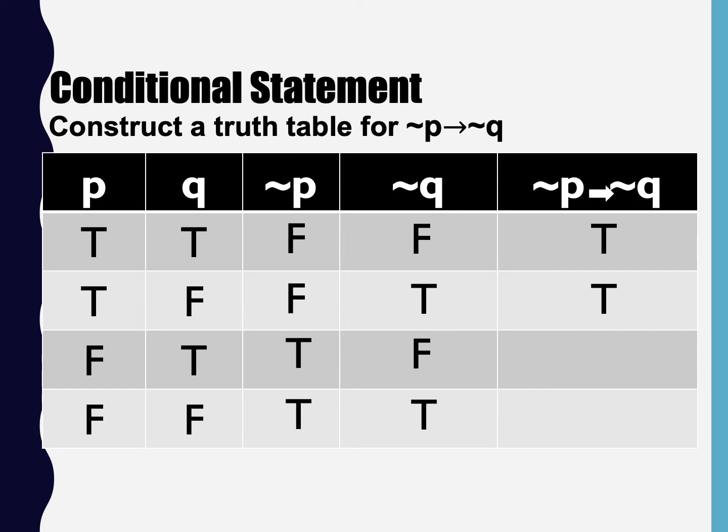In the third row, since your conclusion is false even though your hypothesis is true, your conditional statement is also false. Then lastly, since both your hypothesis and conclusions are true, then your conditional statement is also true.